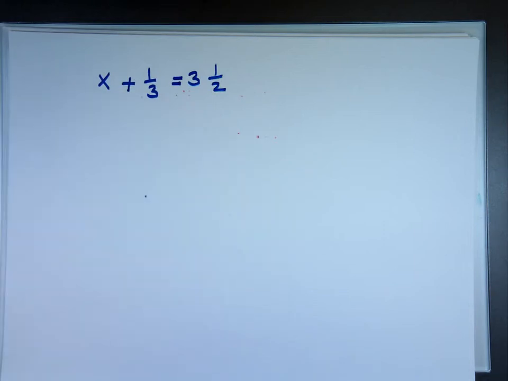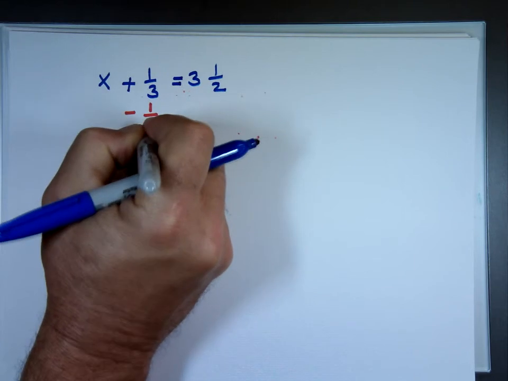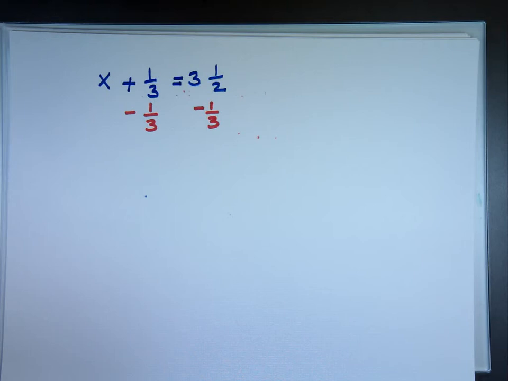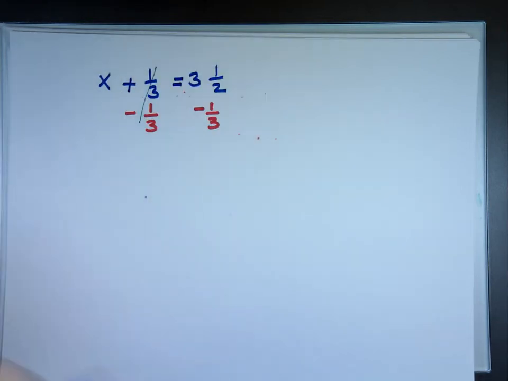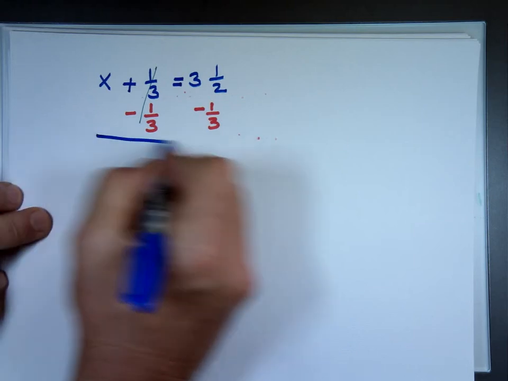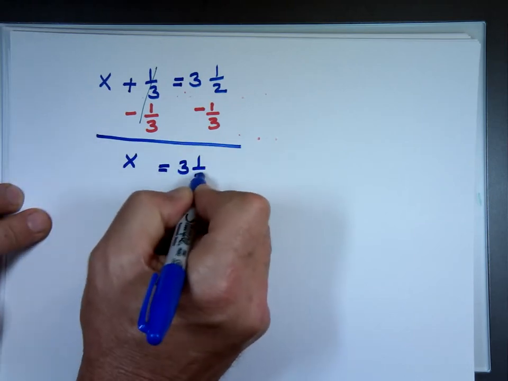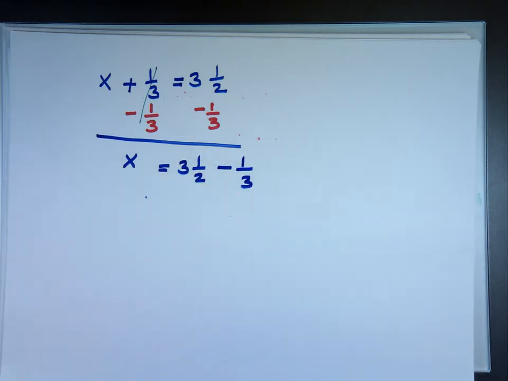What's the opposite to addition? Subtraction. So these two will cancel each other out. So my answer is going to be x equals what? 3 1/2 minus 1/3. And if I know how to subtract them, I'm in good shape.